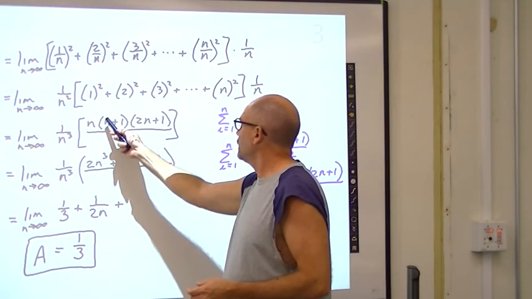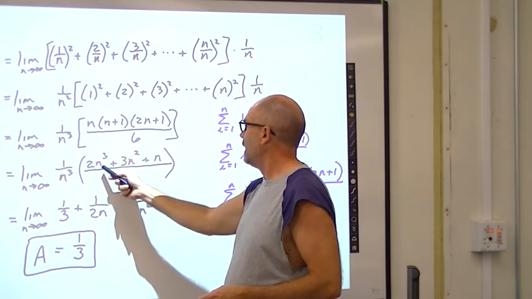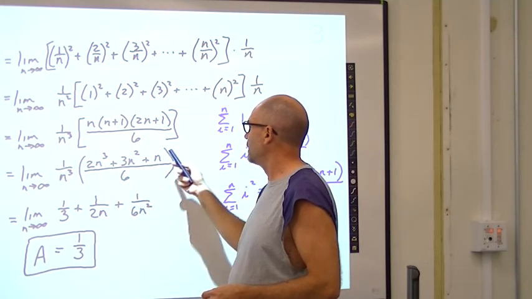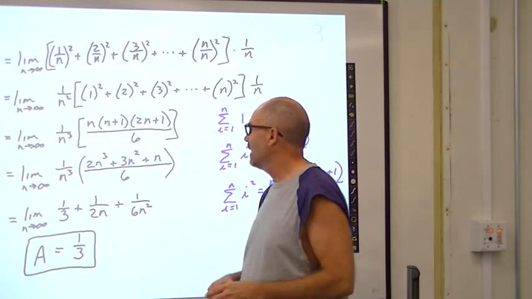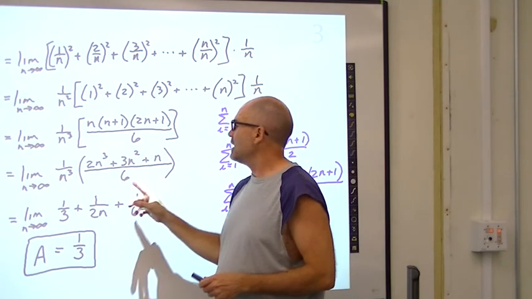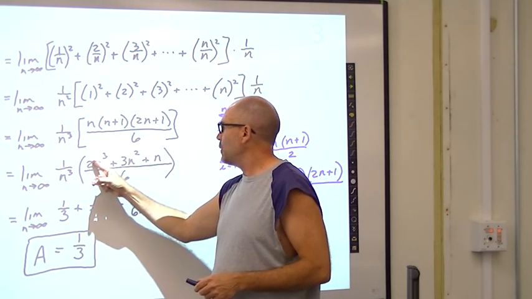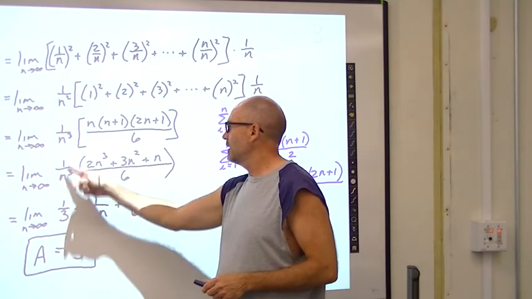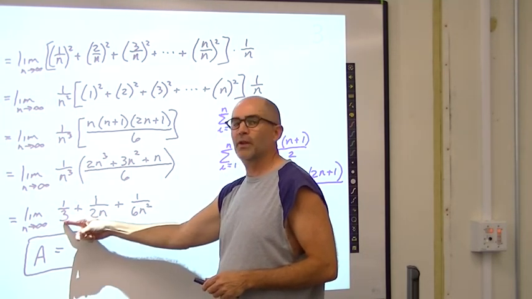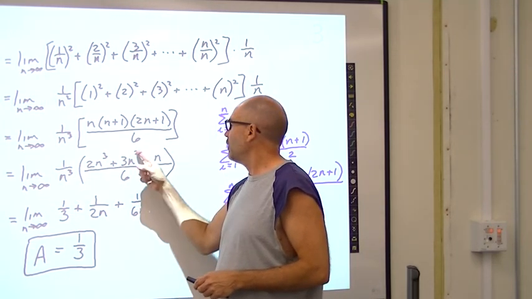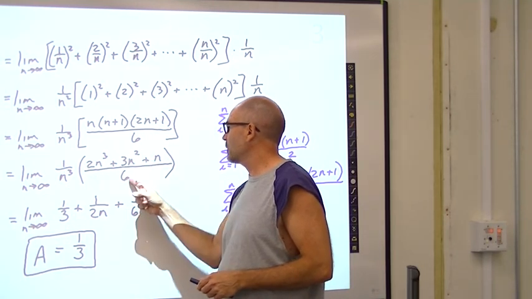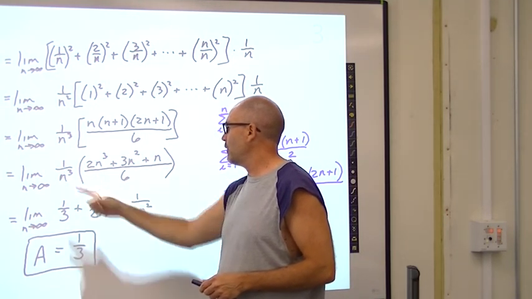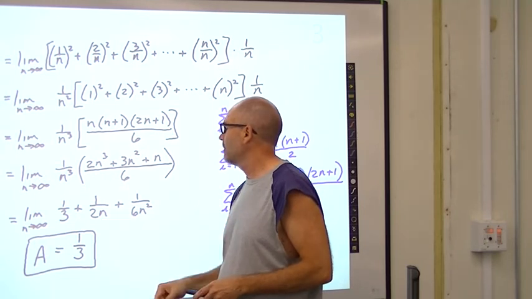Next thing, I'm going to distribute all this junk and end up with 2n cubed plus 3n squared plus n all over 6. Now, I'm going to take each term separately. 2n cubed over 6 is n cubed over 3 times 1 over n cubed, just 1/3. And then 3n squared over 6 is n squared over 2 times 1 over n cubed, that's 1 over 2n.